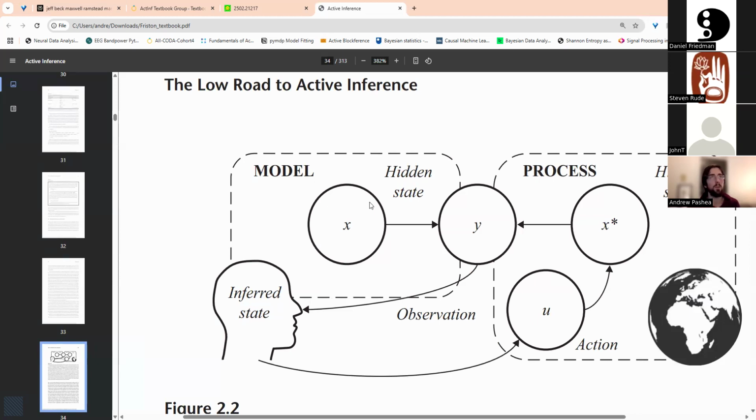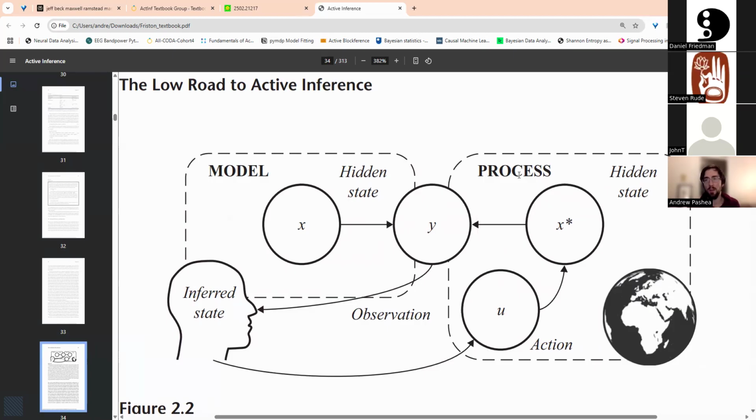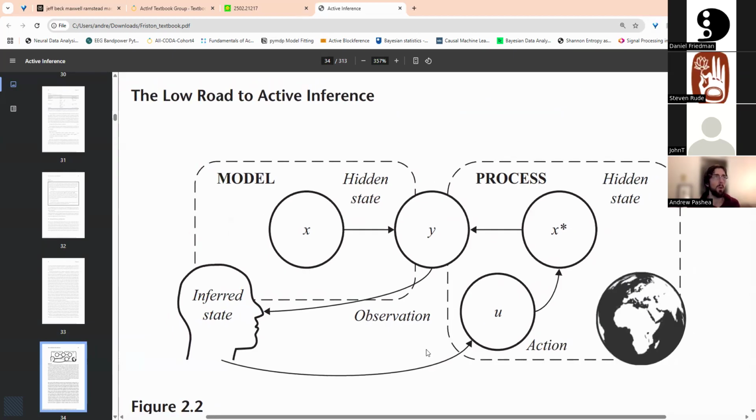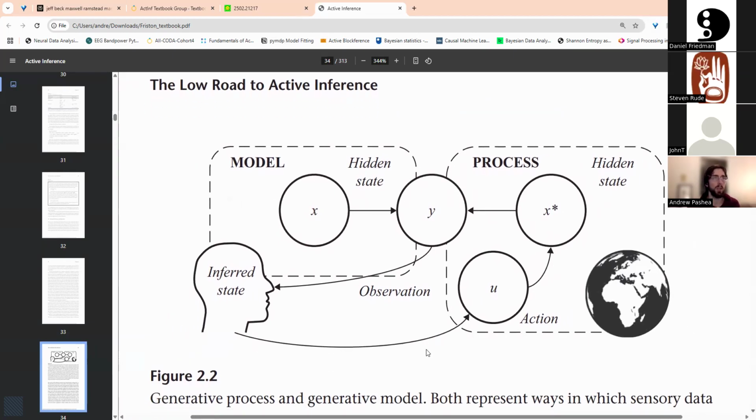And then we also have the generative process, which comes off as a synonym here for the environment. So there's the notion of a Markov blanket, which is also incredibly central to active inference.